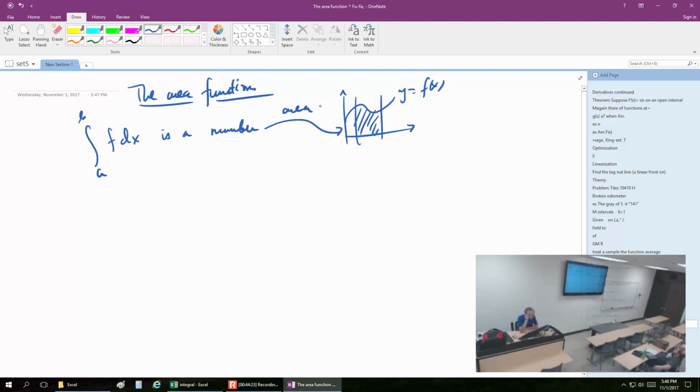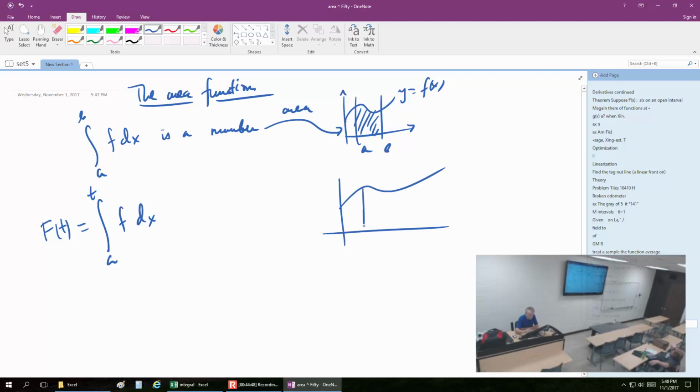But what if we start varying the upper limit like this? So the integral of f of t, the same function, the same setup with a and b, but the upper limit is variable, just as we did with Riemann sums. So this is a, and let's say that's b.